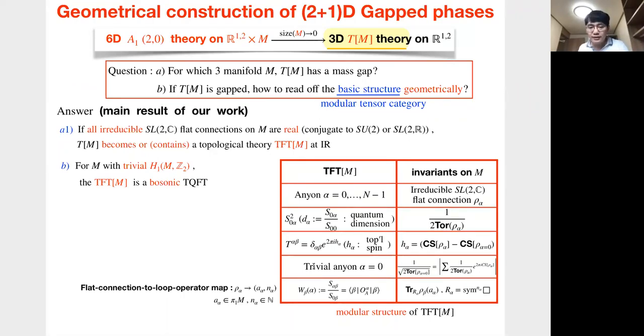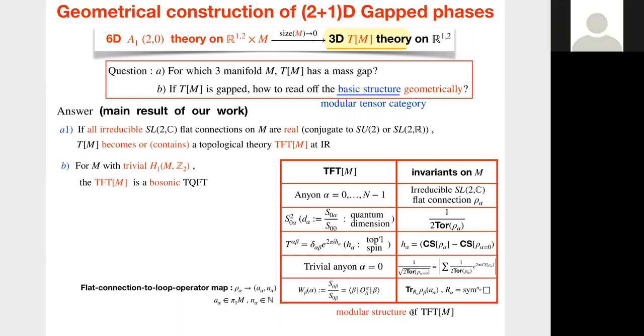And as Satoshi mentioned, this only determines the first component of the S matrix, but the full S matrix can be obtained by the so-called flat connection to loop operator map, which I will explain later. This is one of the main results of our paper, which can derive the modular structure of a topological theory using the topological invariants of a 3-manifold.